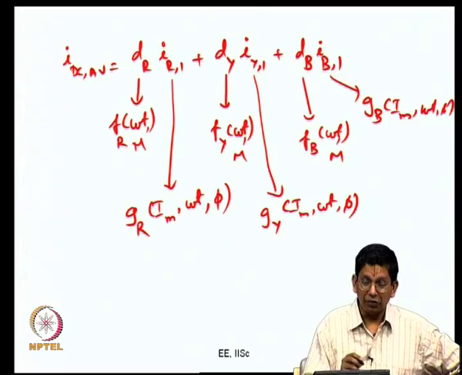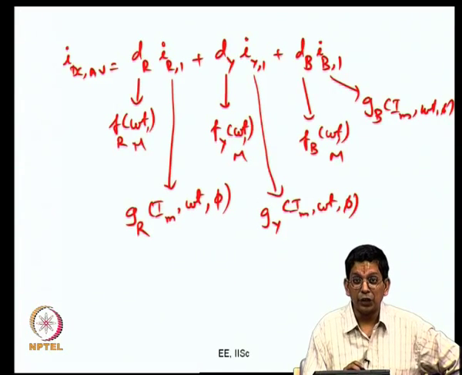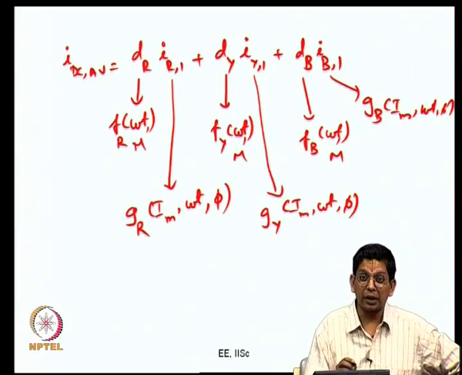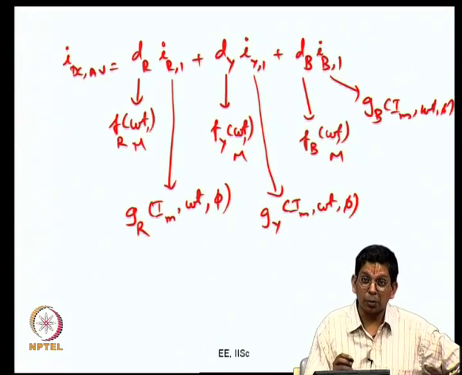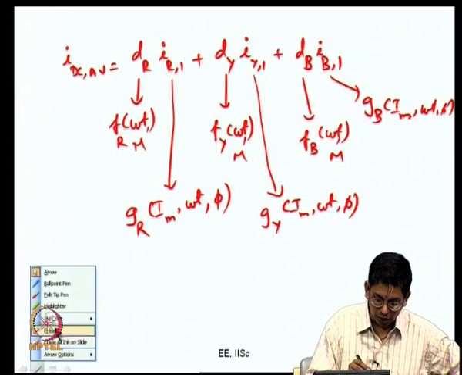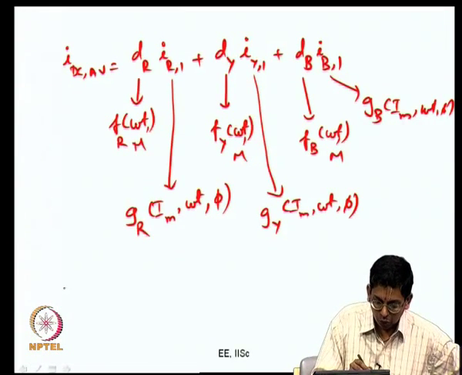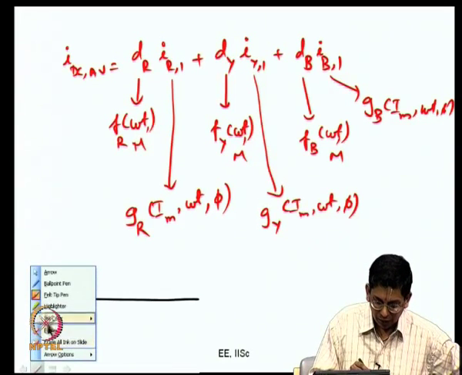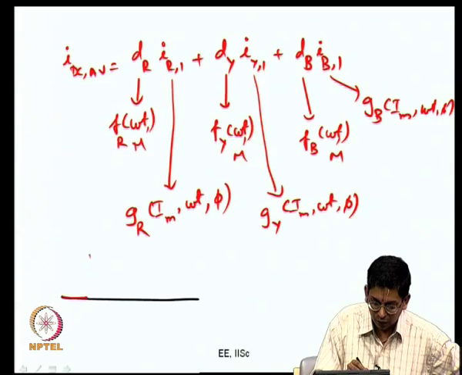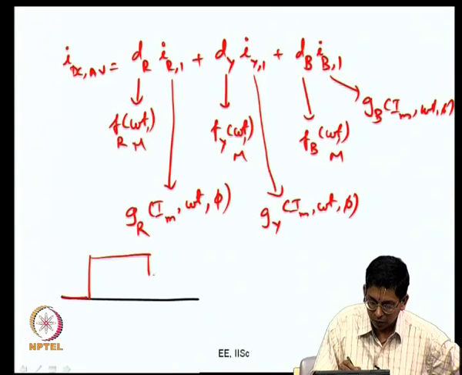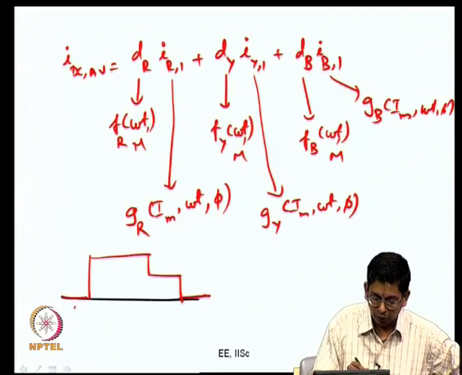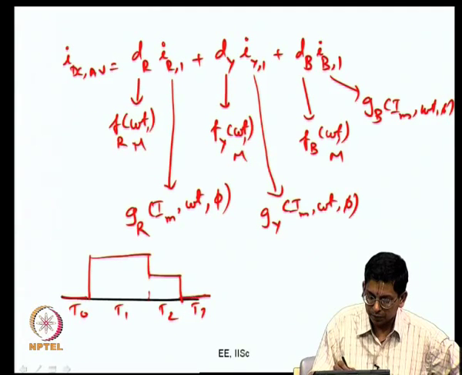Let me tell you, if instead of these 3 phase modulating signals, you go back and look at it as the inverter states rather than 3 phases separately, you look at it as a state, that is 3 phases combined together, you have that advantage now. Let me draw that for you now. So, let us say this is what you have in a subcycle, your T0, T1, T2 and T7.